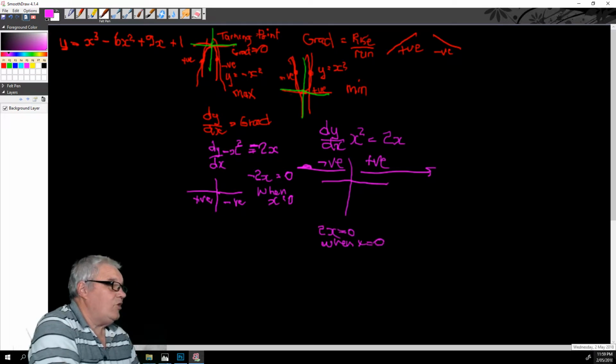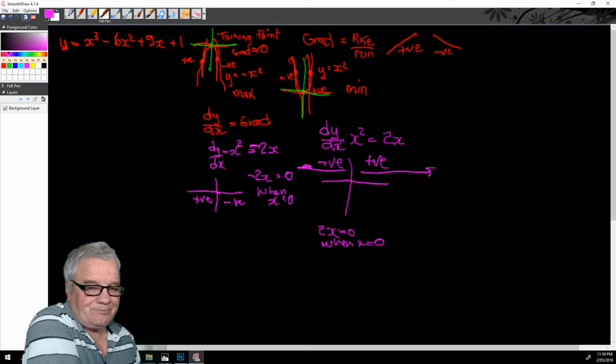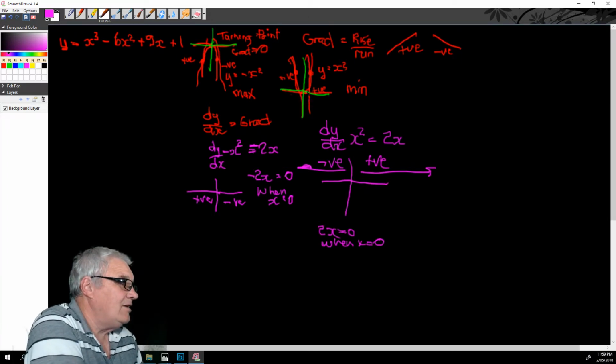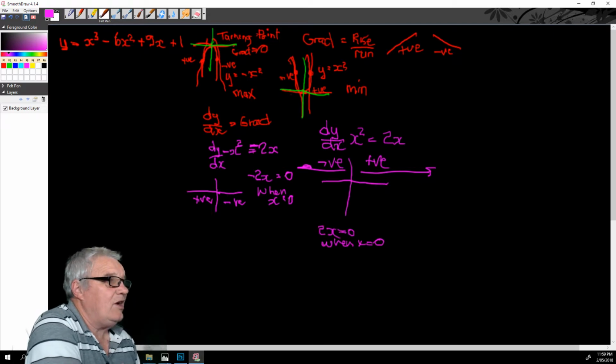So that determines the turning points. We can look at the turning points and examine what they look like.